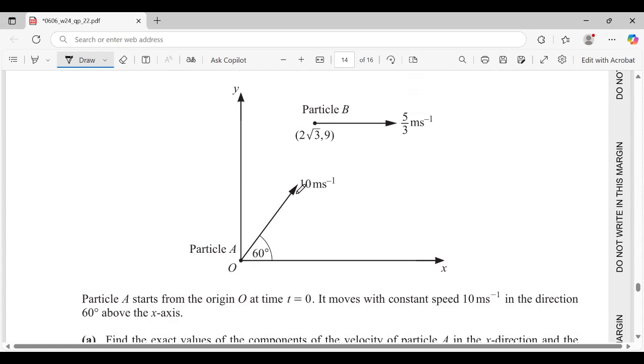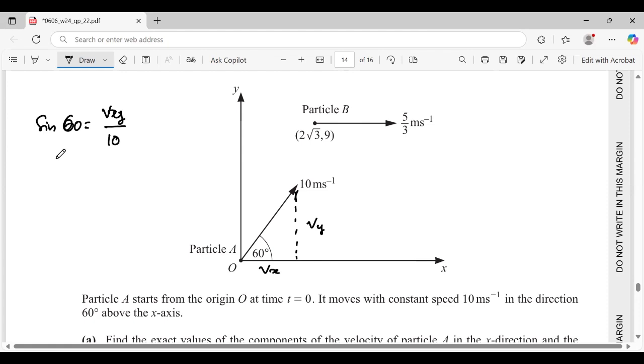I would like to show you that this is a right-angled triangle, so sine 60 equals the y component over 10.